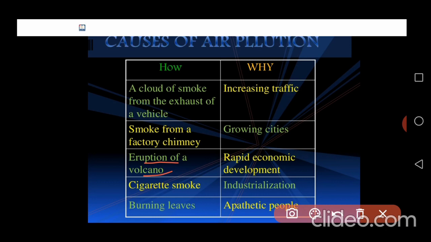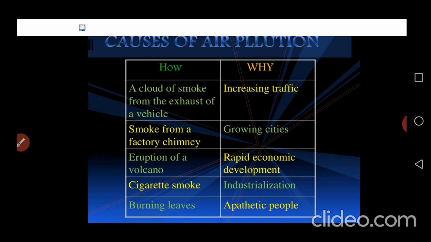Those gases mix with the atmosphere and finally cause air pollution. So because of volcanoes also, air pollution takes place.